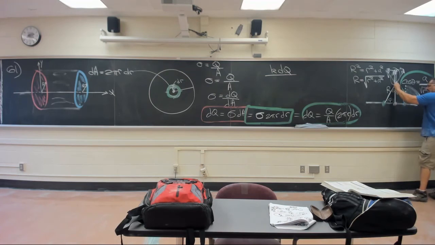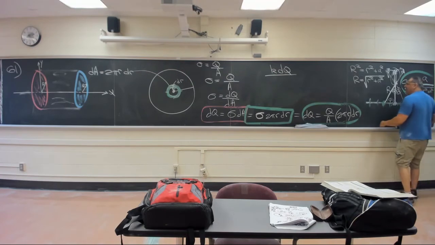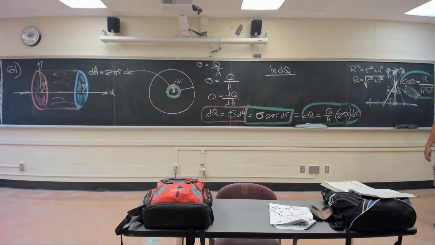A is a constant. R is variable because you're going to be dealing with rings that are here as a ring, here is a ring, over here as a ring coming around. The ring comes all the way around, and all are going to have a dq associated with it, some kind of a dq.